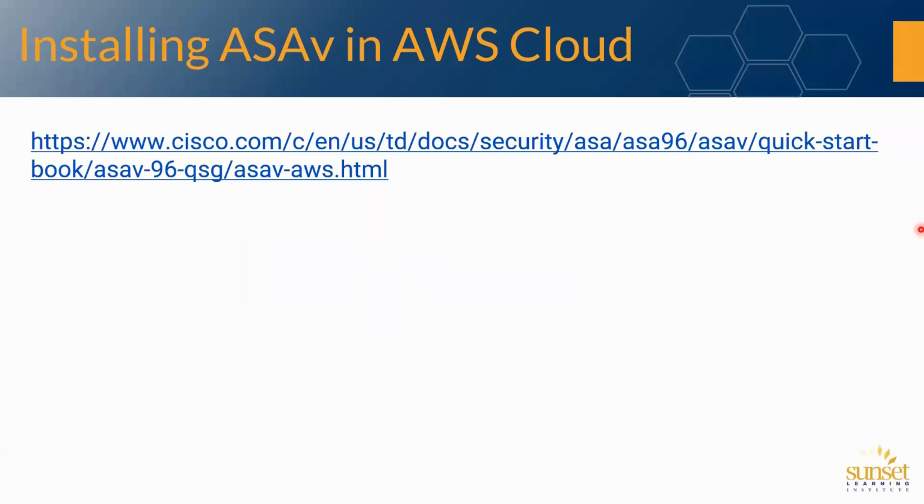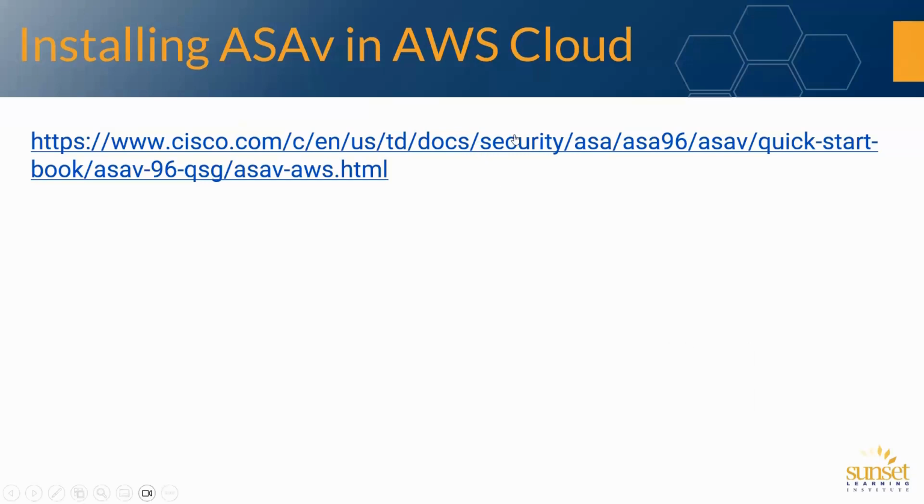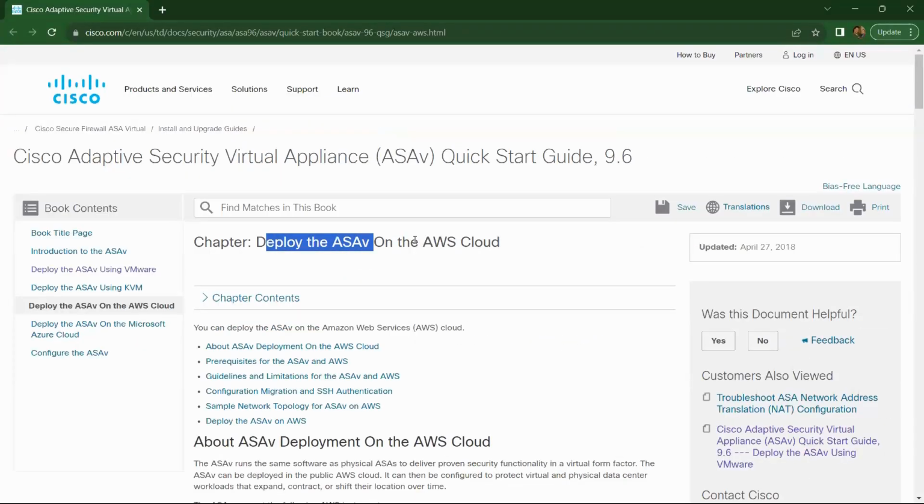Now, with that said, I walked you through implementing in the ESXi environment. What I'd like to do now, as soon as I can find my pointer, there we go, is summarize what is needed to deploy the ASAv on an AWS cloud.